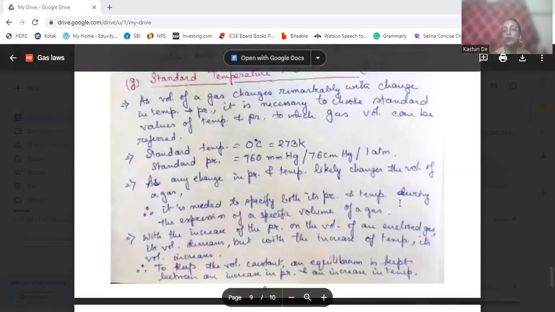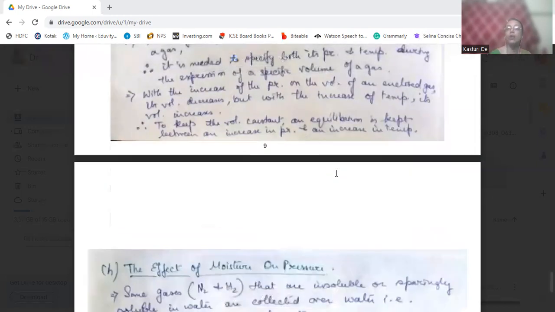To keep the volume constant, an equilibrium has to be kept between an increase in pressure and an increase in temperature. Volume is inversely proportional to pressure, and volume is directly proportional to temperature.